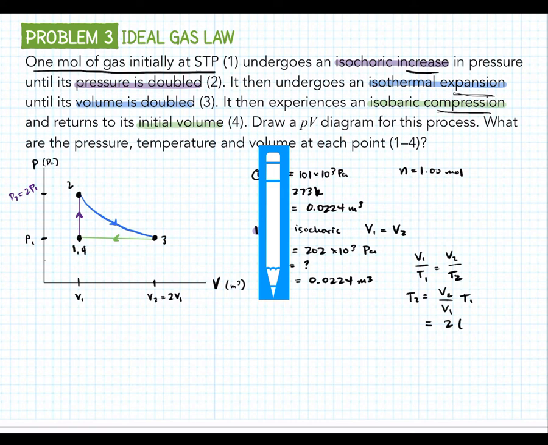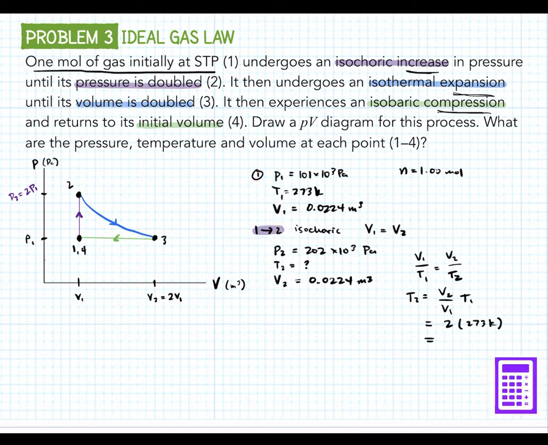So we get 2 times T1, which is 273 Kelvin, which gives us 546 Kelvin. So now we have 546 Kelvin, okay?